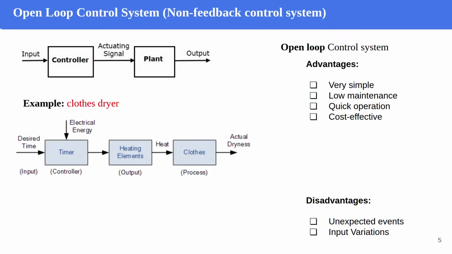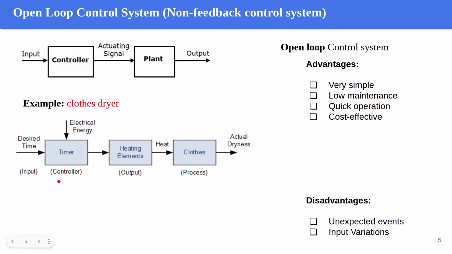The clothes dryer whose control action is done manually by the operator. Consider this one. Depending on the wetness of the clothes, the dryer has to stop accordingly, but in case of manual operation, the operator sets a time, for example, 15 minutes. The dryer will stop at 15 minutes, even if the clothes are wet. This is because we don't have any feedback here.